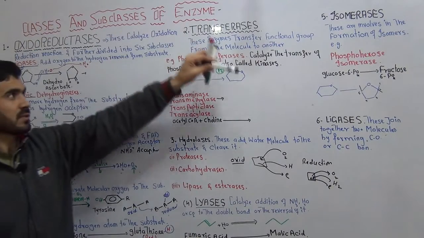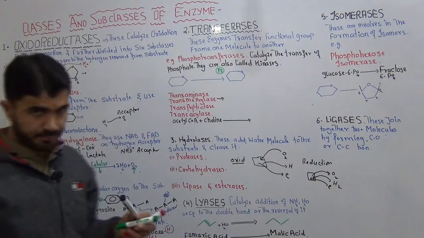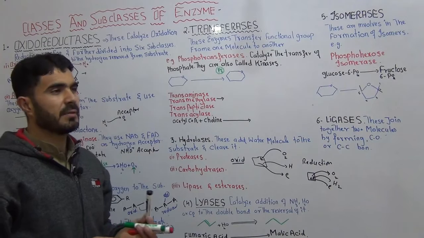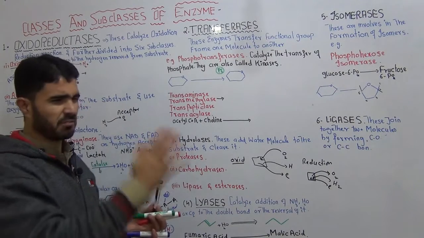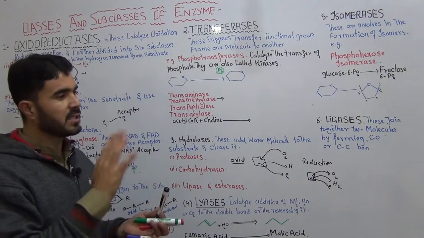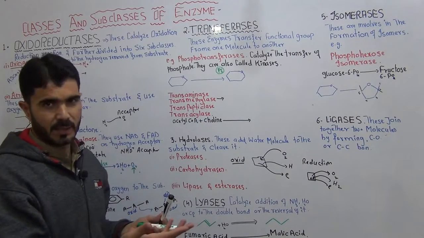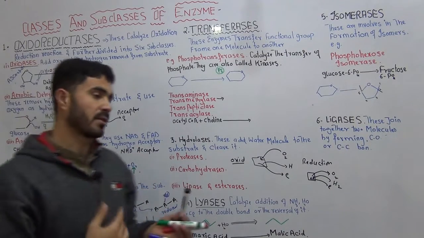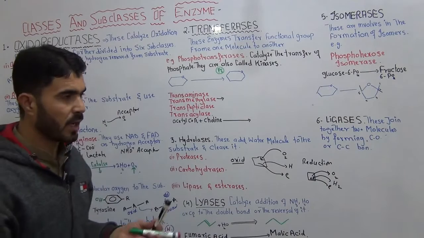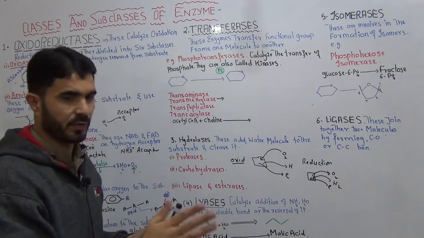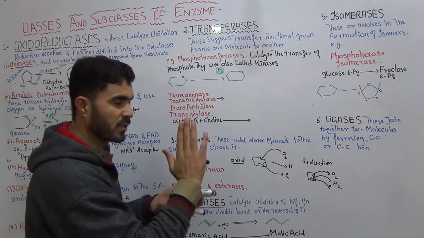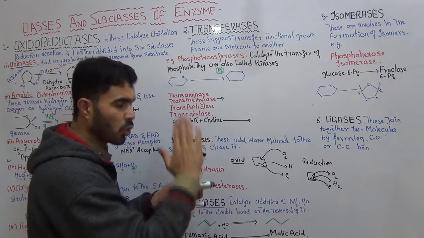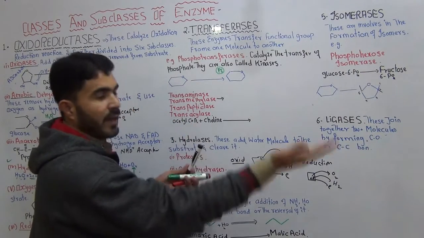Now come to the next one, transferases. These are not involved in oxidation reduction. They have some new style. They are involved in a lot of chemical reactions, but their style is a little bit different. They transfer one group from one molecule to another molecule.